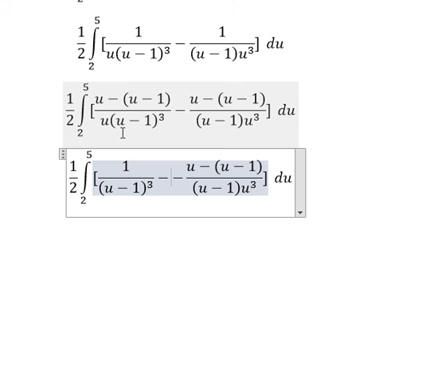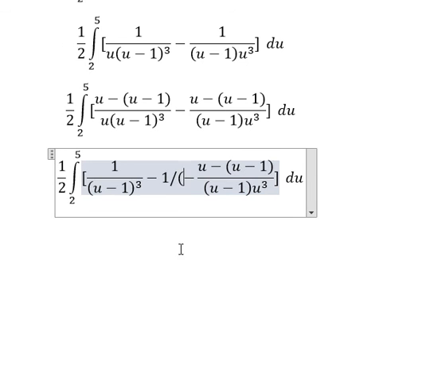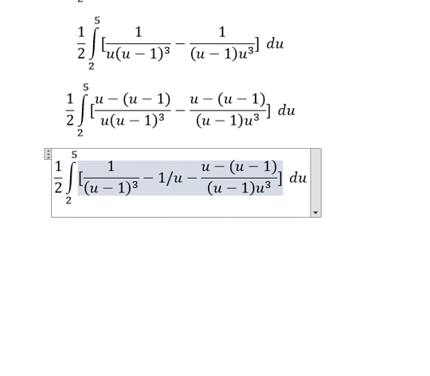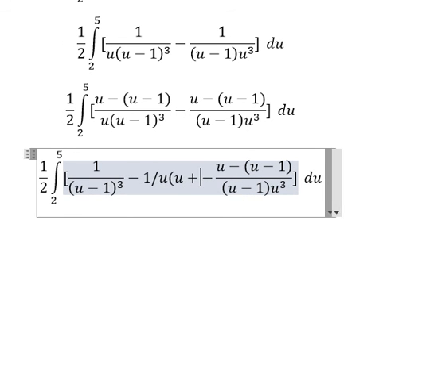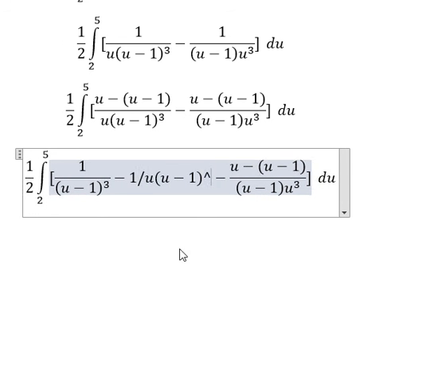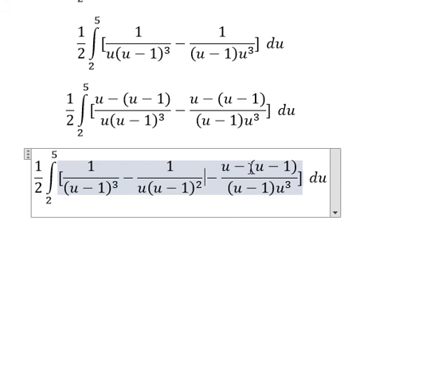This one you will get u multiplied by u minus 1 to the power of 2. u divided by this one, you get u squared.